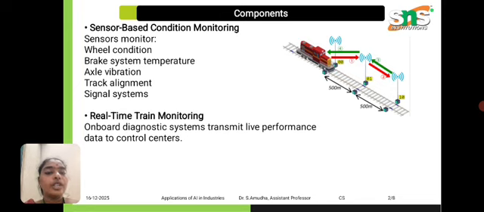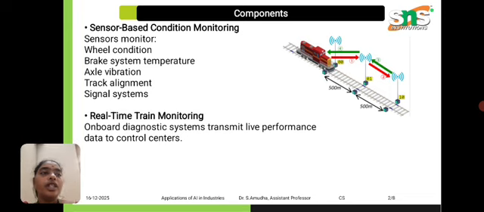The components used in our rail transit maintenance system. The first one is sensor-based condition monitoring. Sensors are set up along the train track at every distance, with Wi-Fi. Through these sensors, the tracks and trains are monitored over time.